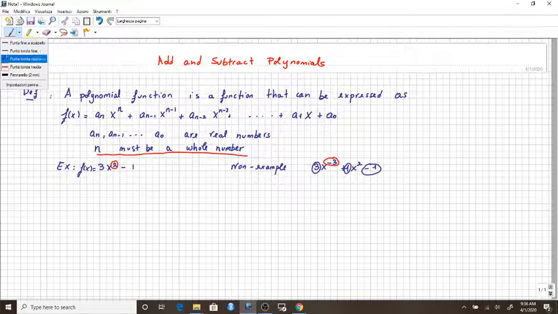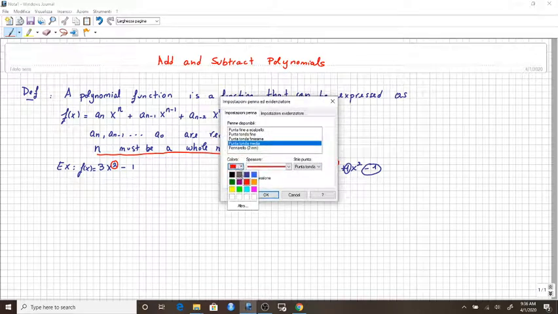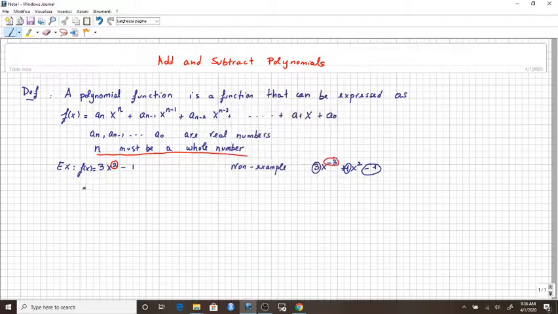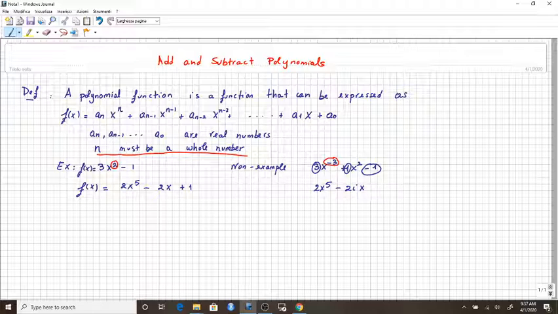And let me show you one additional example. So here I have f of x equal to 2x to the power of 5 minus 2i x plus 1. I'm sorry, I want to make it here on the left hand side the polynomial function, so I'm going to write plus 2x plus 1, and then here on the right hand side for the non-example I have 2x to the power of 5 minus 2ix plus 1.